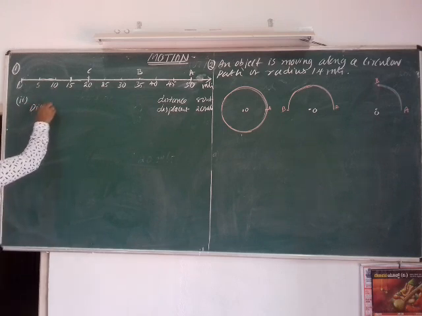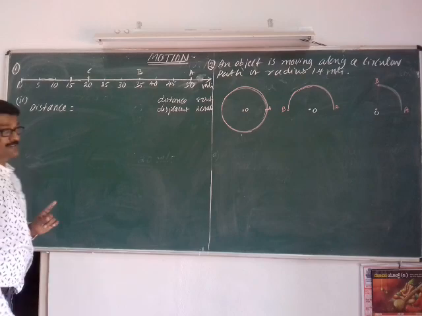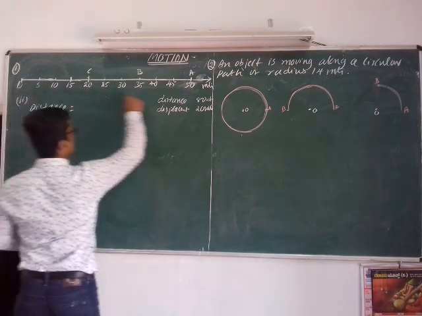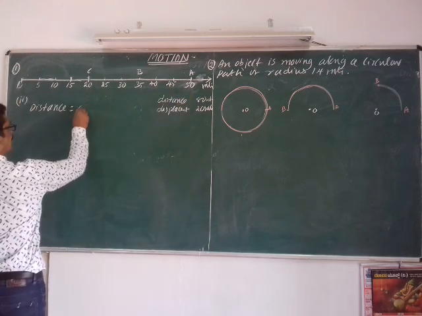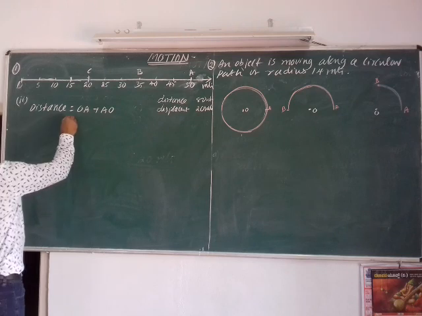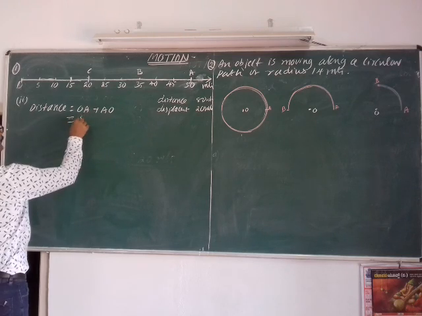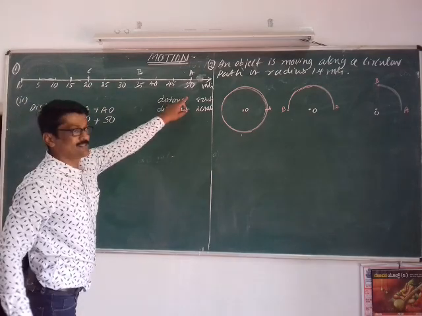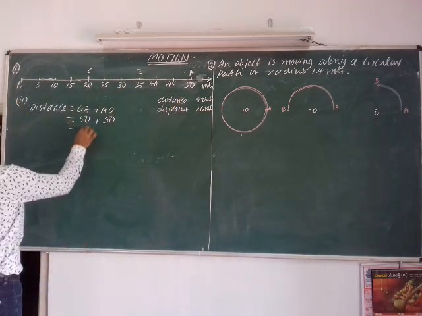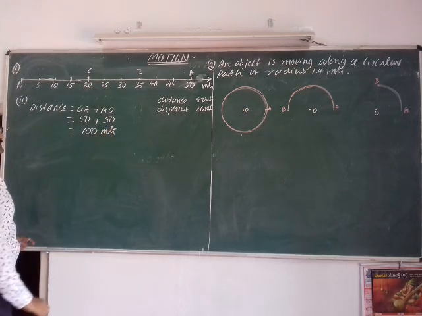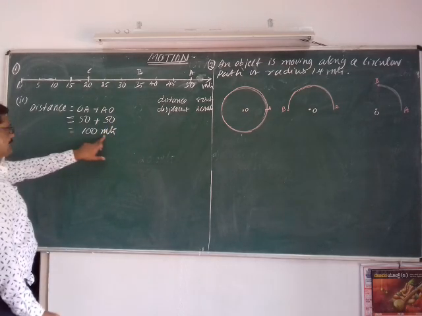Distance is the complete length of the actual path. So OA plus AO. That is 50 plus 50, that is 100 meters. Here the distance is 100.